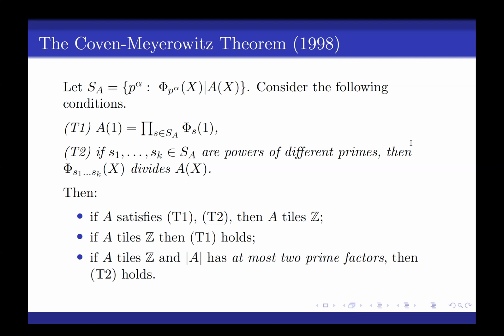And then what they did is they used the fact that in this situation, either A or its tiling complement must be contained in a proper coset of Zm.